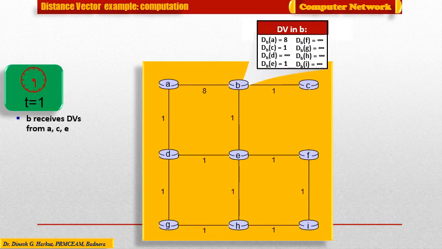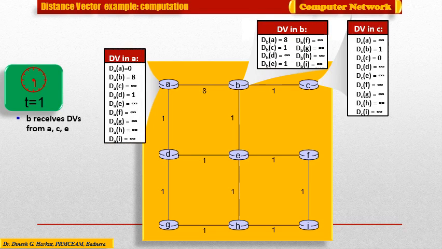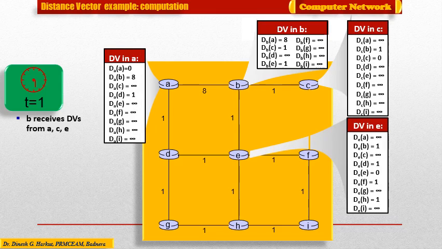Initially, the distance vectors at node B, node A and node C are given. These are the initial distance vectors at each of the nodes A, B, C, and E respectively.